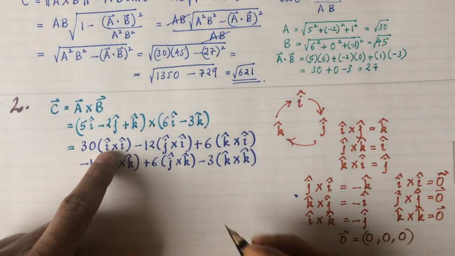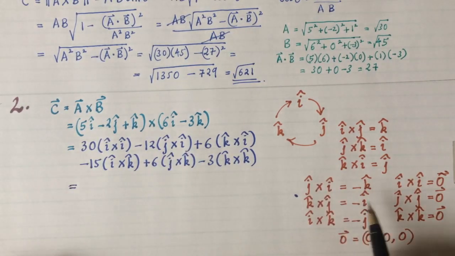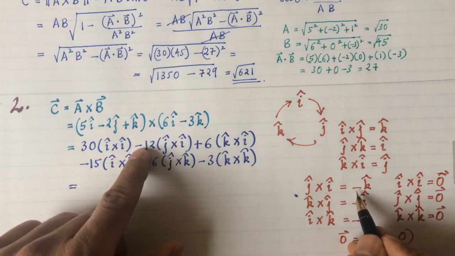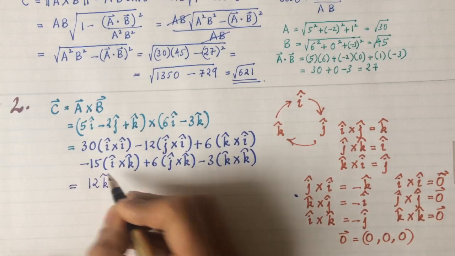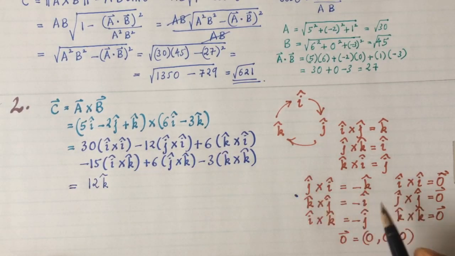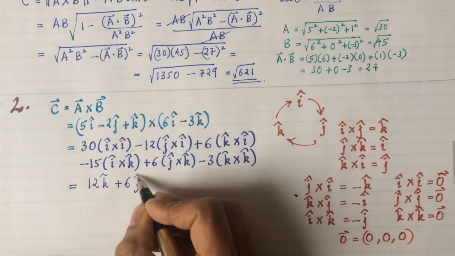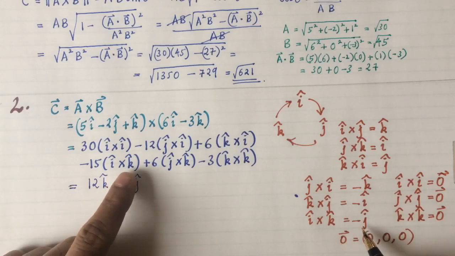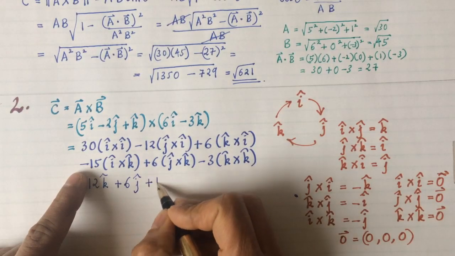Now, i cross i is 0, so I won't write that. j cross i is minus k. Well, that minus k and the minus sign here cancel out, so I get 12 k hat. k cross i is j. i cross k is minus j, and that minus cancels with the minus here, so that's 15j.